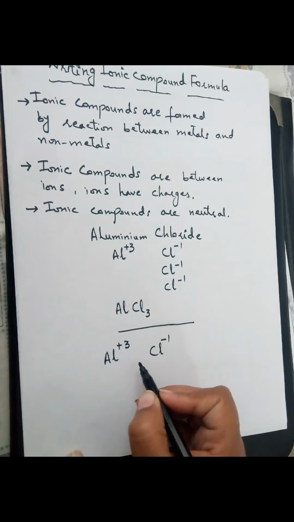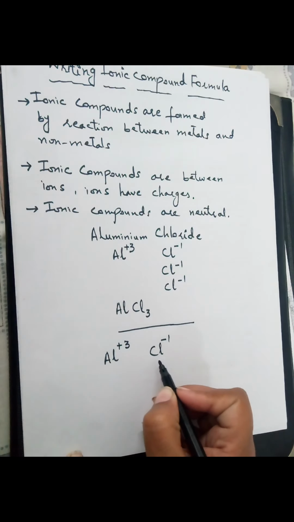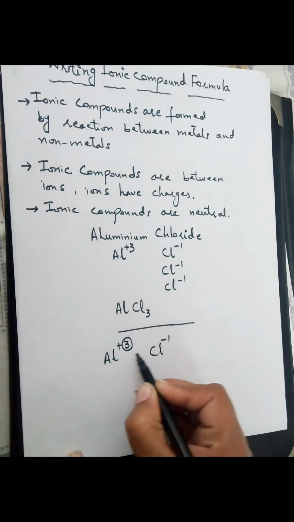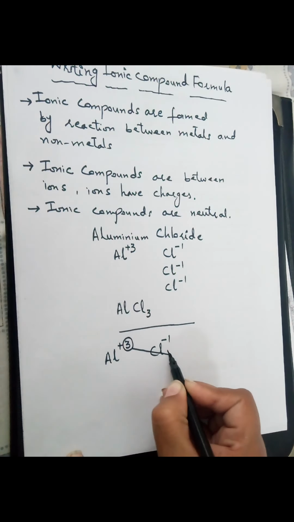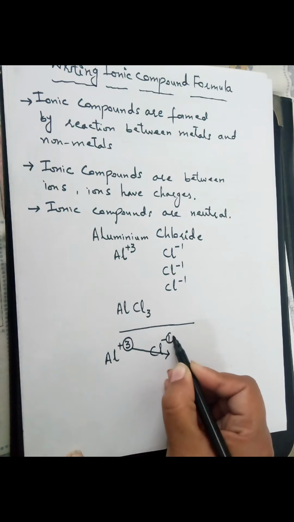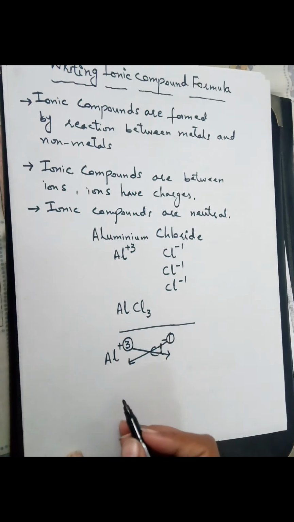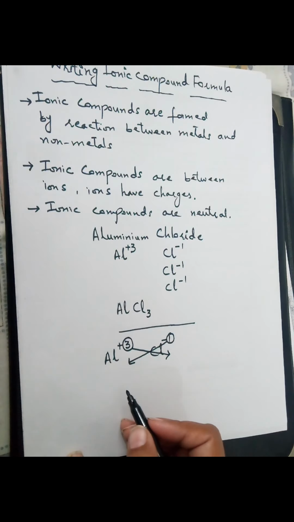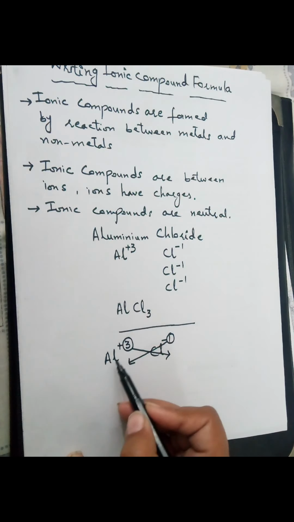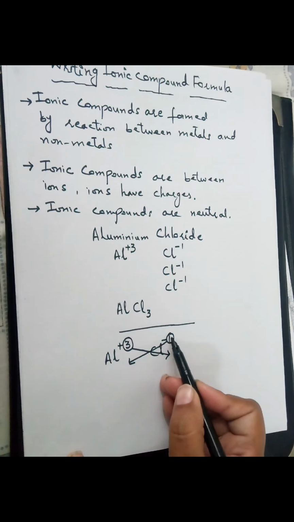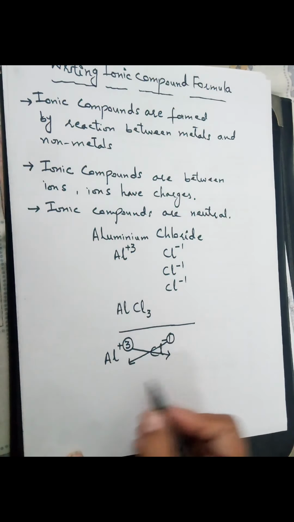To write the aluminum chloride formula, just shift the numbers across the elements. The 3 will go here and the 1 comes here.